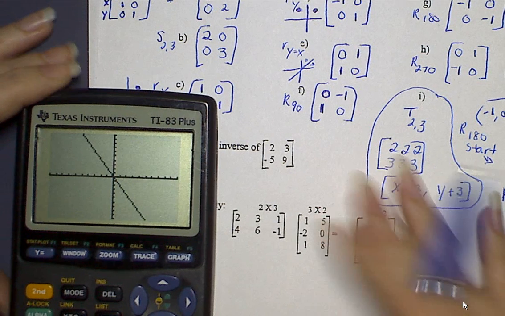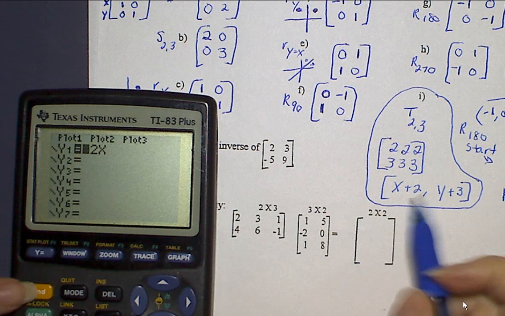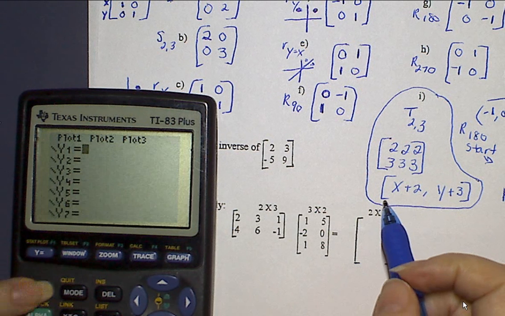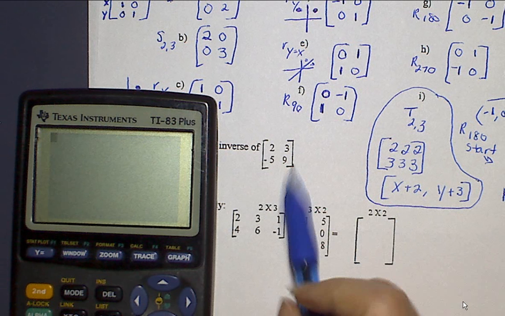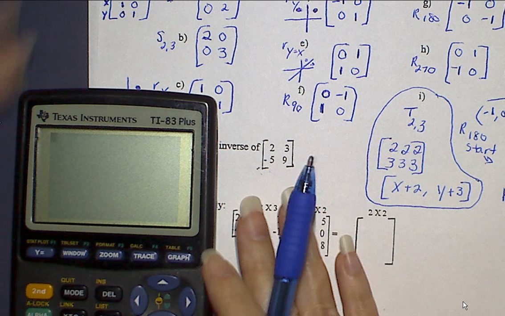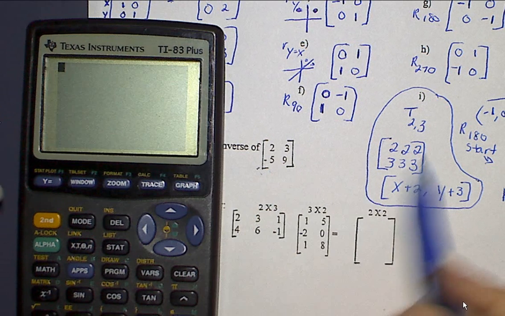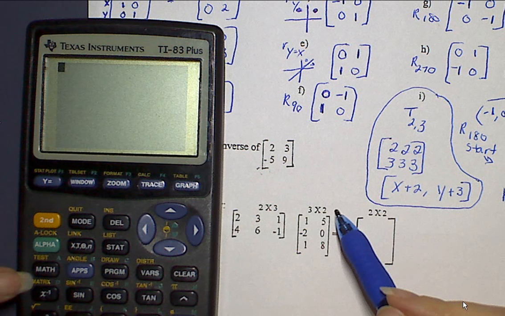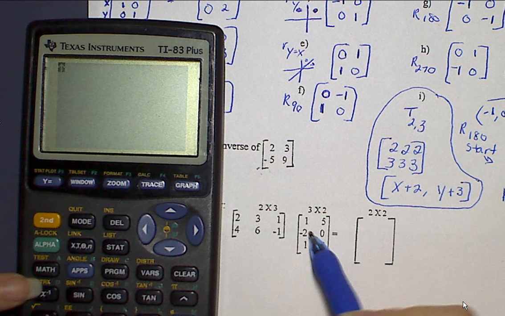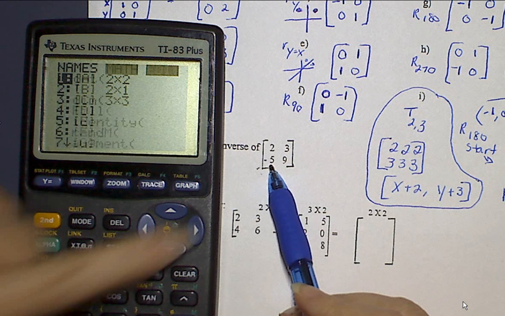Alright, so I'm going to go to my matrices. I'm going to input this into my matrix. Let me show you so you can see those keys too. We're going to go second matrix, because see how matrix is down there? So you go second matrix, and I'm going to go to edit first, and I have a 2 by 2.